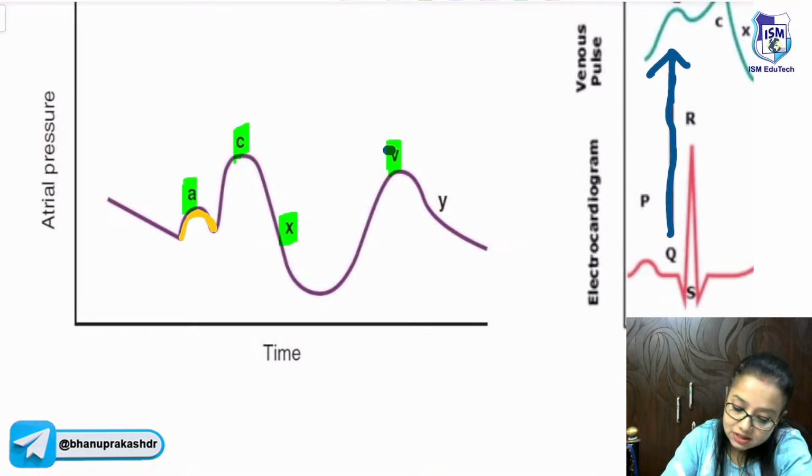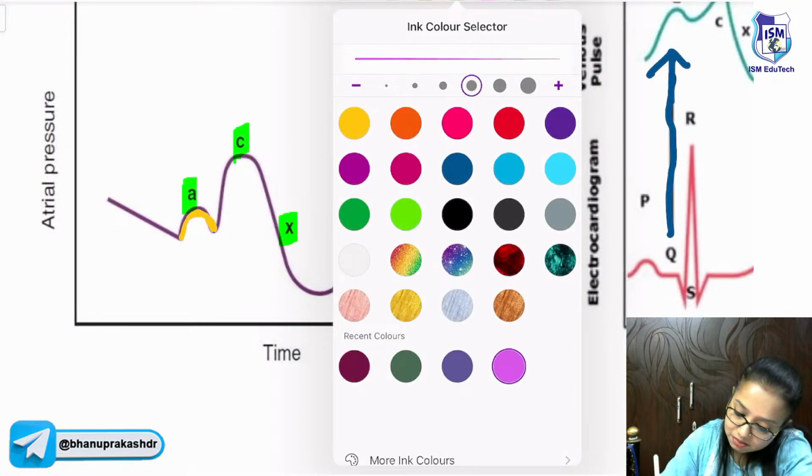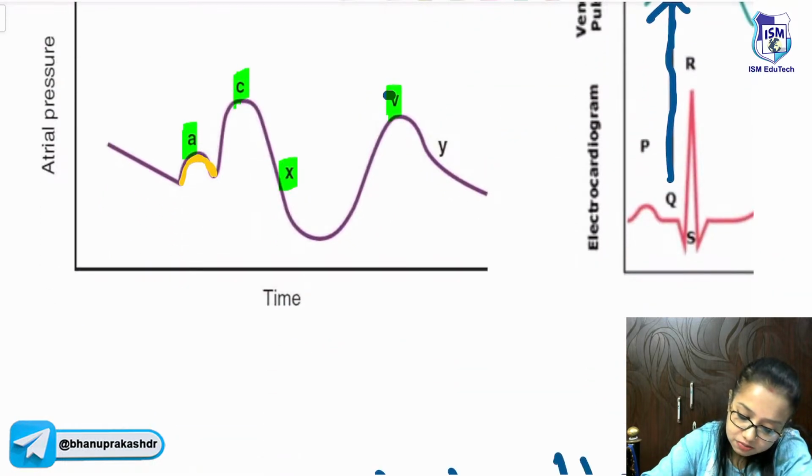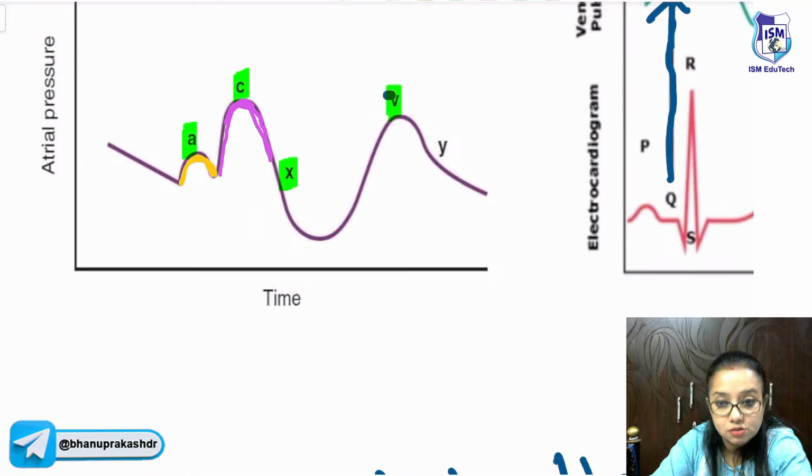Okay. Now in C wave, what did we study? C wave is nothing but the contraction of the ventricles, right? You see that hump, that C wave, it is a contraction of the ventricle.